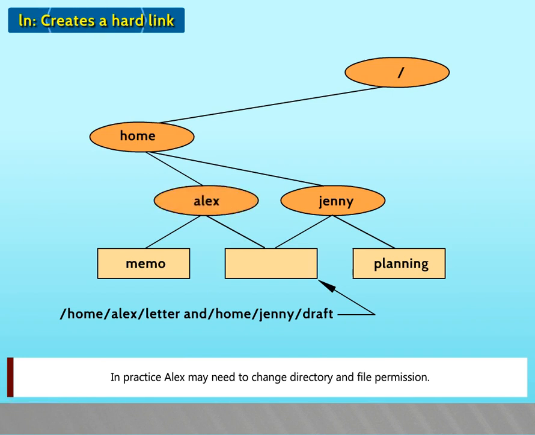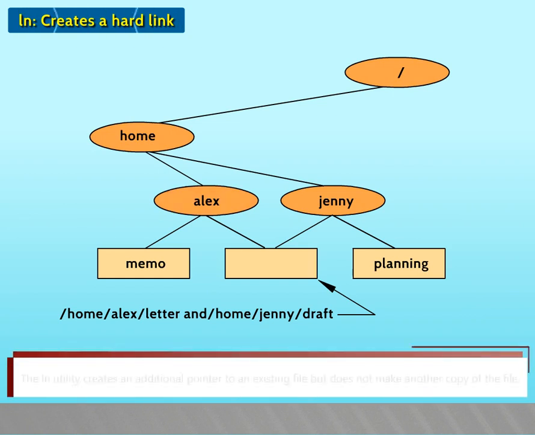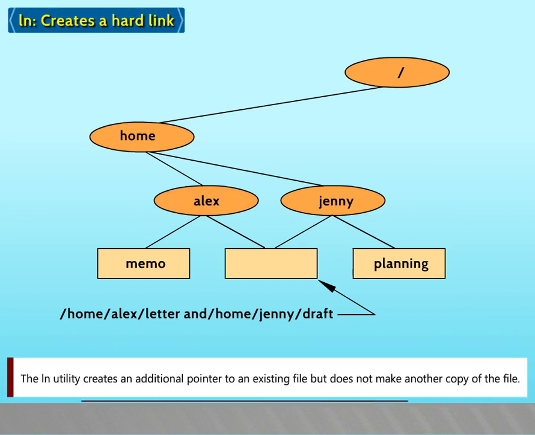In practice, Alex may need to change directory and file permission. The link utility creates an additional pointer to an existing file but does not make another copy of the file.